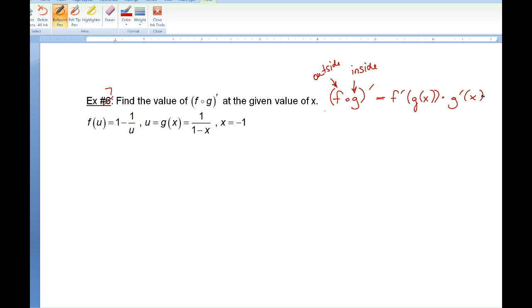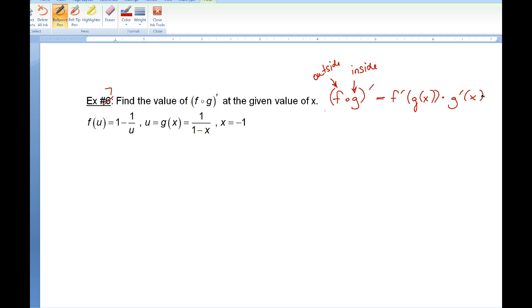Now, I gave this example because I think you might have had something like this in the homework. There are 2 different ways you could do this. You could apply the chain rule, or you could take whatever g of x is, plug it in, and then take the derivative of that. What's confusing me at the moment is why is it f of u? Because u is a function of x also.